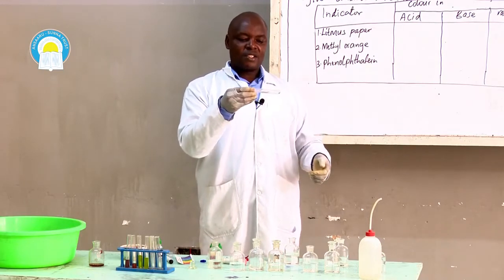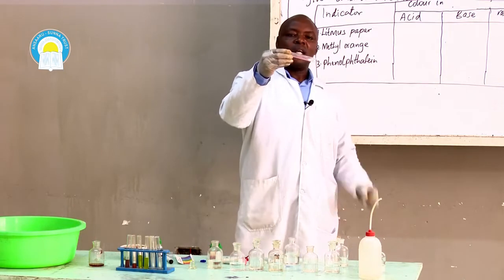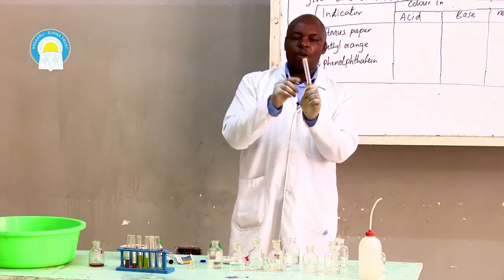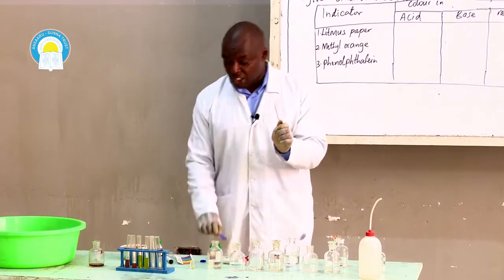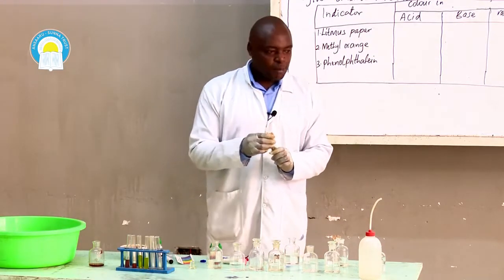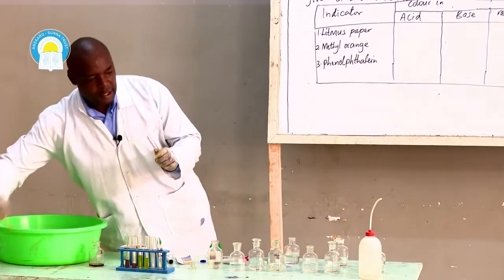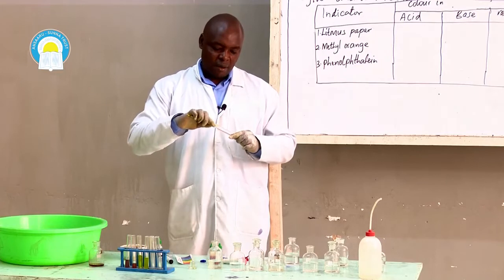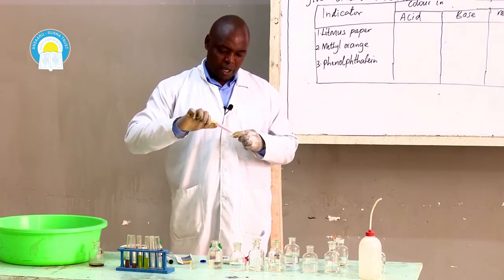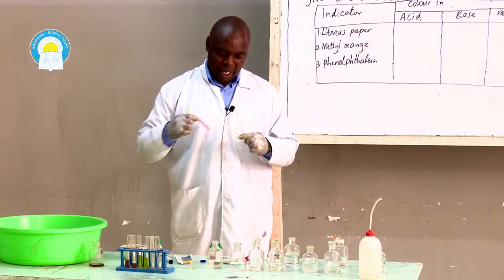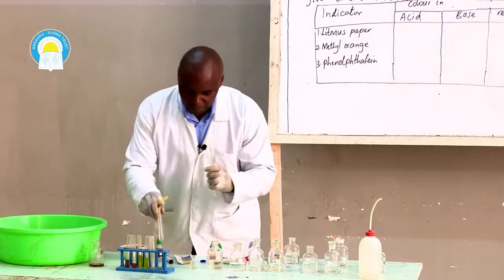You see that in a solution of hydrochloric acid, the litmus paper changes from blue to red. It shows that litmus paper is red when the solution is acidic.